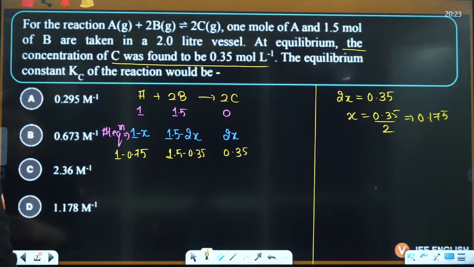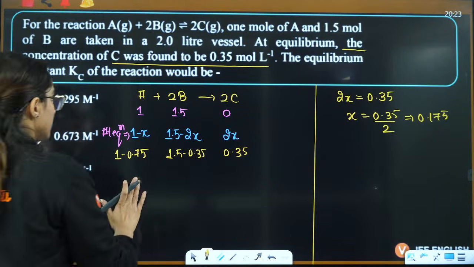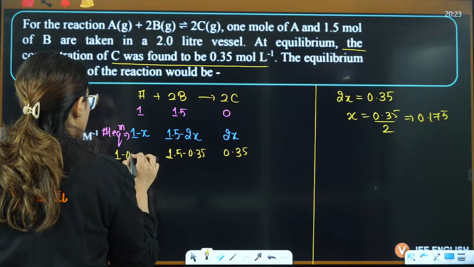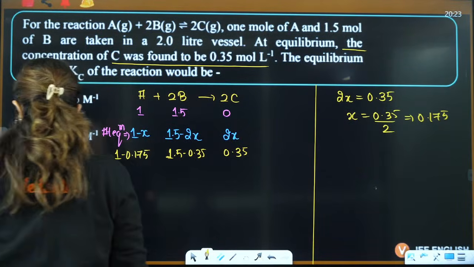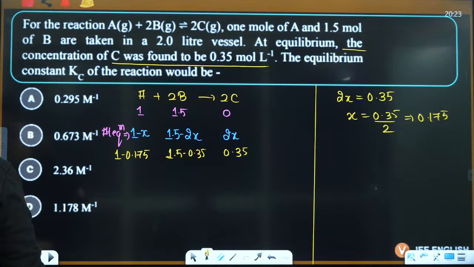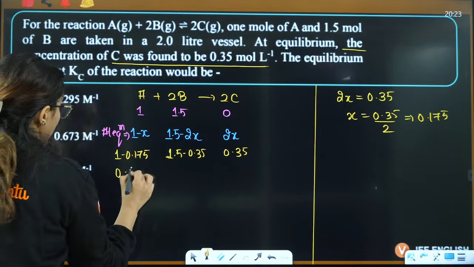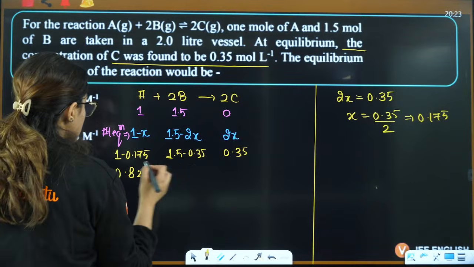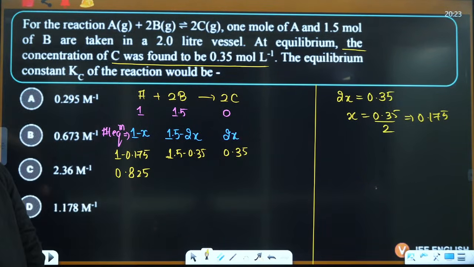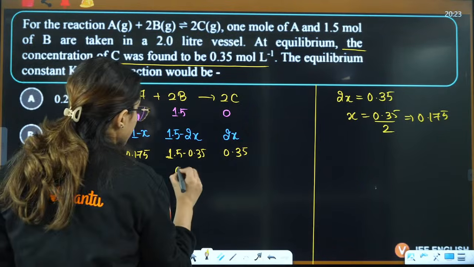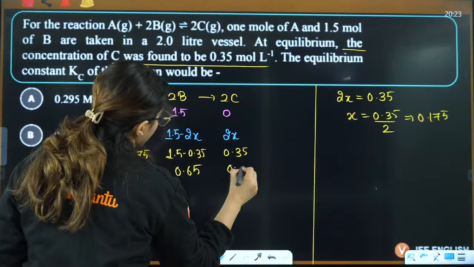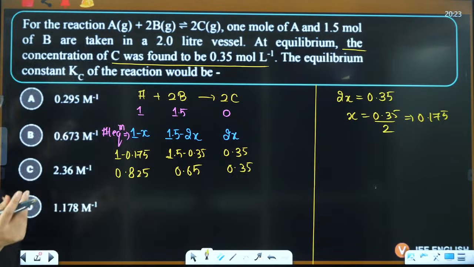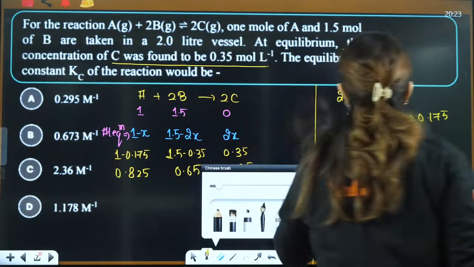So 1 minus 0.175 is 0.825. And 1.5 minus 0.35 is... 1 minus 0.35 is 0.65. Here the calculation is the game, otherwise it's the same.